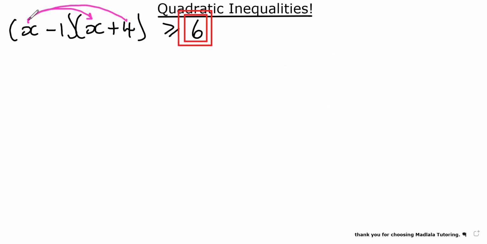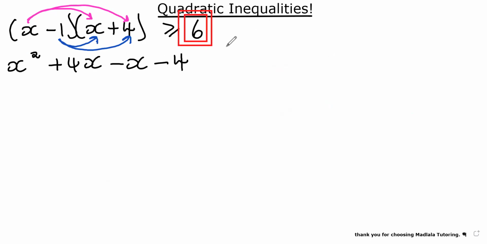So we are going to use the FOIL method. I strongly believe you still remember how it works. So x by x, we get x squared. X by 4, we get a 4x. Negative 1 by x, it's negative x. Negative 1 by 4, negative 4. But then we take our 6 to the left, and it becomes negative.